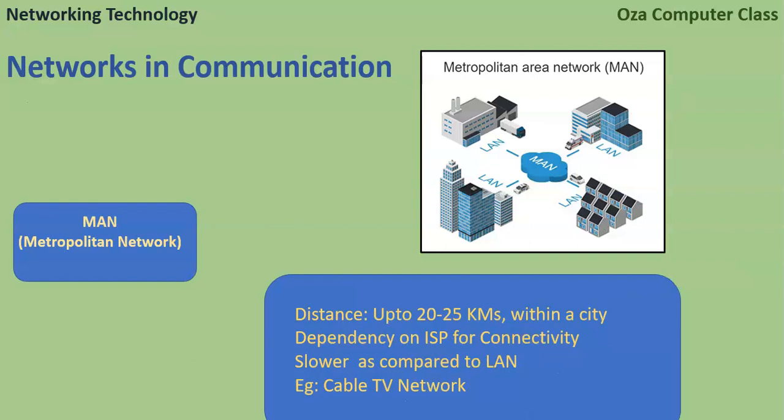Then the second option is metropolitan area network. This is basically located within city limits, has a distance limit up to 20-25 kilometers. You have a manufacturing unit outside the city limits, and you have a marketing office within the city area, and you want to connect this to that.